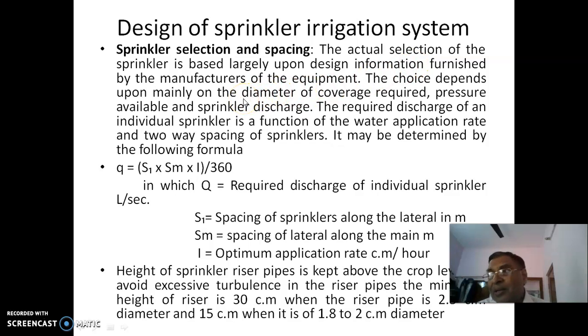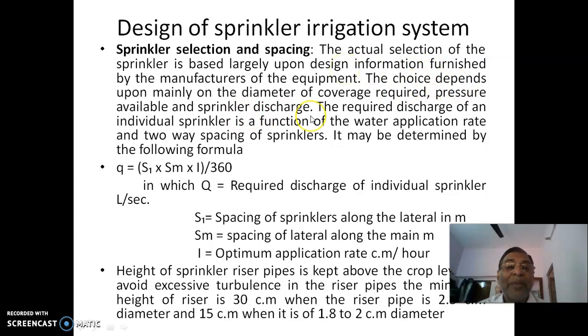This is just like in the case of pump design in a tube well. Normally, if you tell the manufacturers the yield, they will give you standard curves. Like that, if you state the requirement, then they will design. The design information is furnished by the manufacturers.